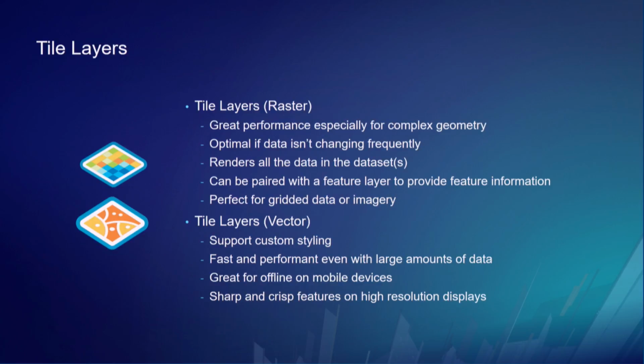With a raster tile layer, that base map can start to get pretty big into the gigs of space. Vector tile layers over large geographic areas will take up less space overall. So it's nice that way. And for all of us with really nice phones and tablets and HD displays, vector tile layers, because they're rendering vectors, stay sharp and crisp. Your labels don't get blurry as you zoom in on really high resolution displays.